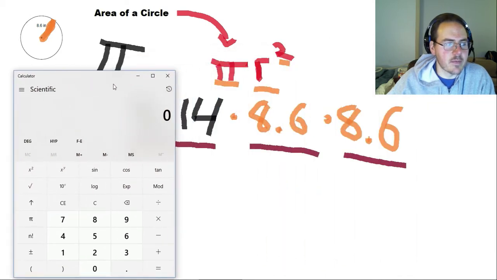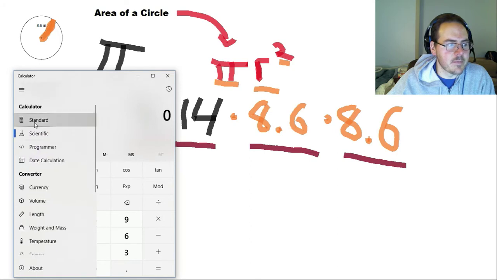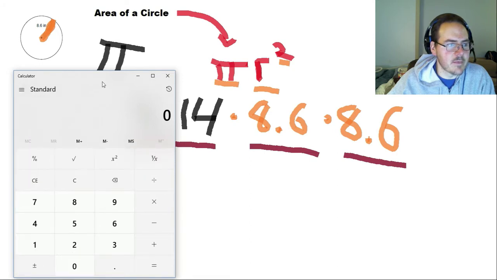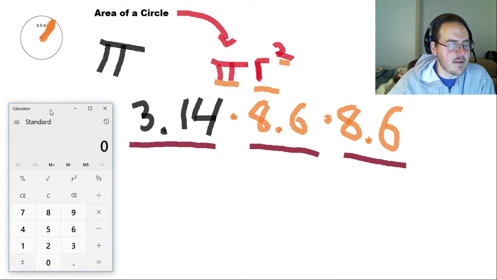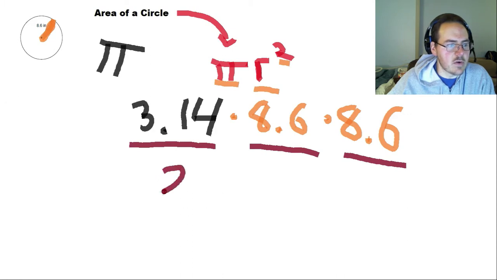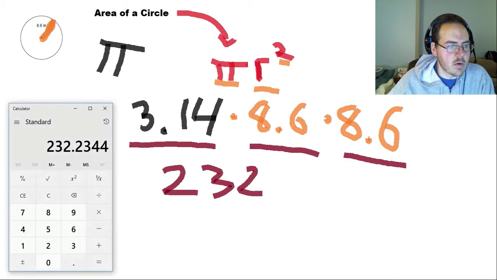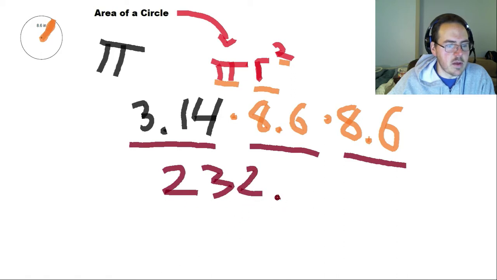All right, here we go. 3.14 times 8.6 times 8.6 equals, okay, so I get 232.23.